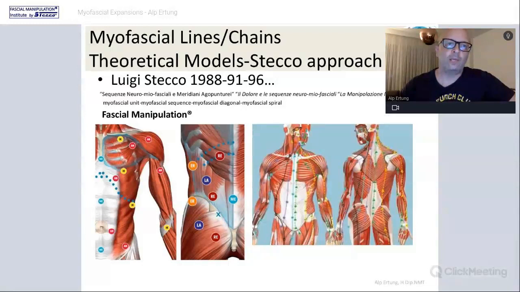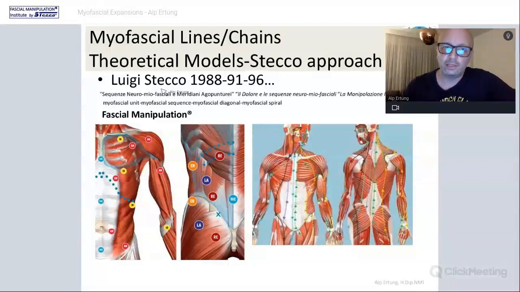So in fascial manipulation, starting from before this, but these are the first books of Luigi Stecco in 1987 or 88. He wrote his first book, Sequenze neuromyofasciali e meridiani acupuncturei, the neuromyofascial sequence and acupuncture meridians.